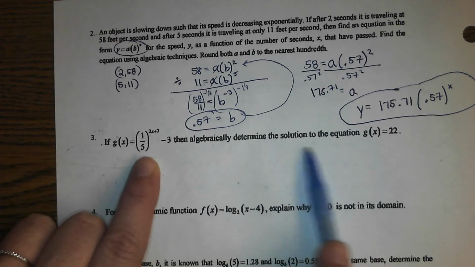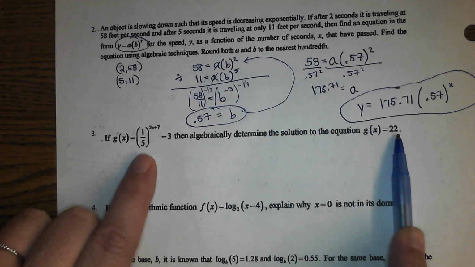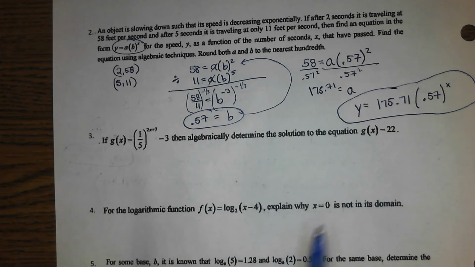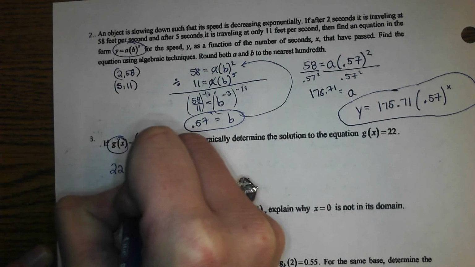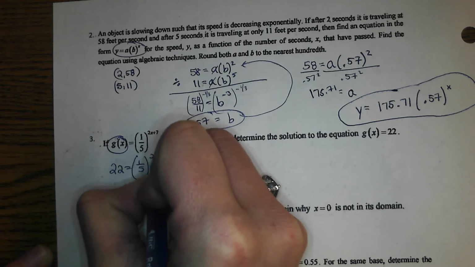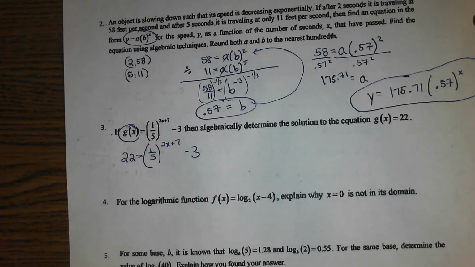This one, very similar to the one that was on your quiz. If g of x is 22, I'm plugging 22, not in for x, but in for g of x. So 22 equals 1/5 to the 2x plus 7 minus 3. Reviewing or solving that should be review, right? Add 3 to both sides, log both sides, and go on.